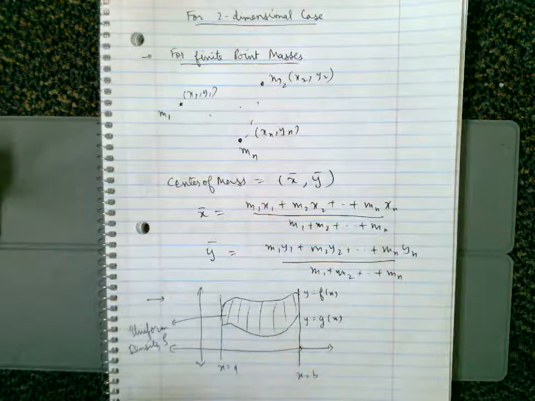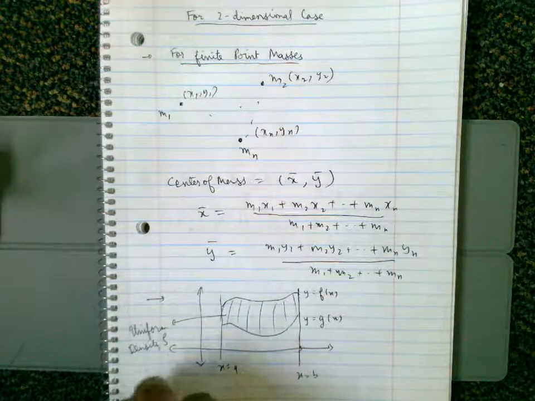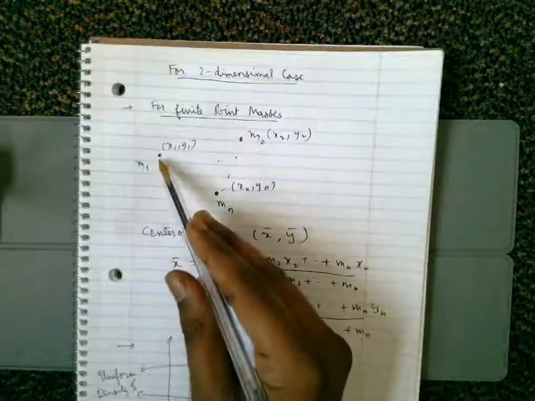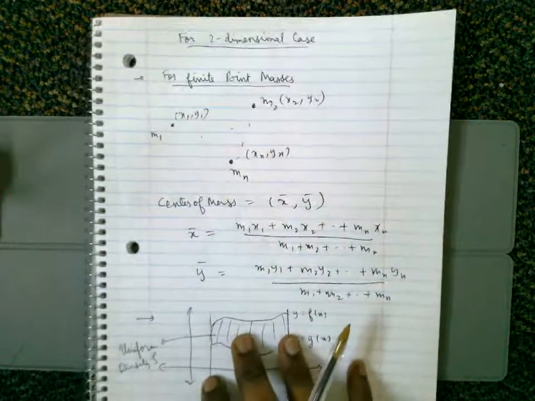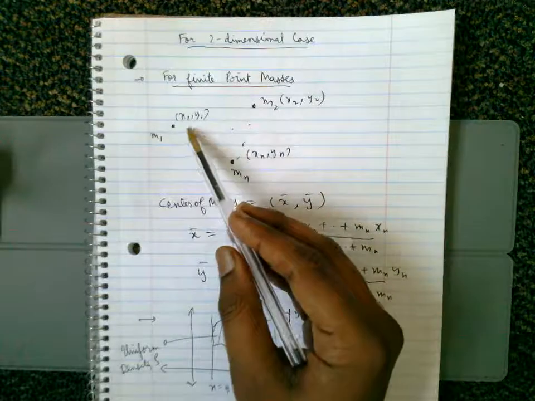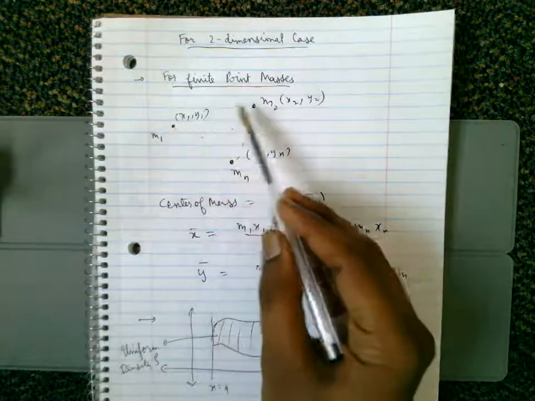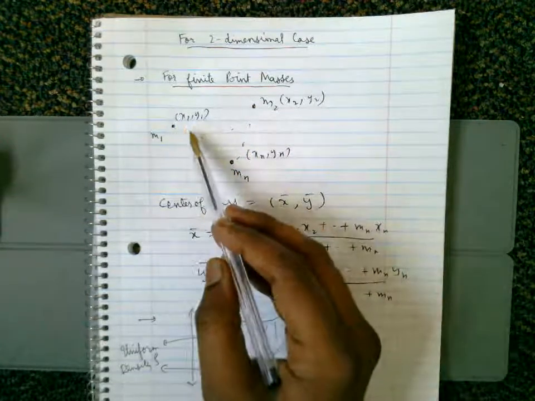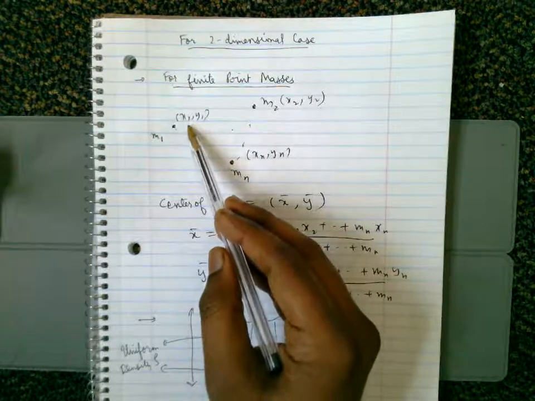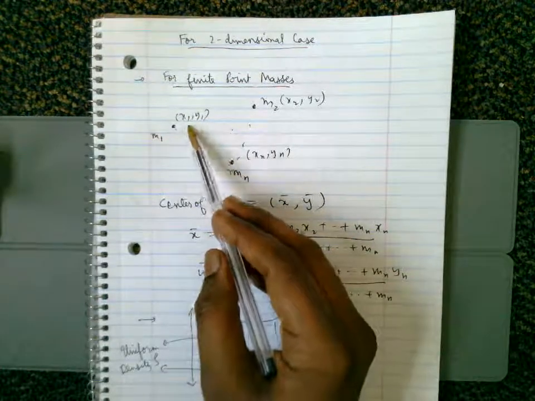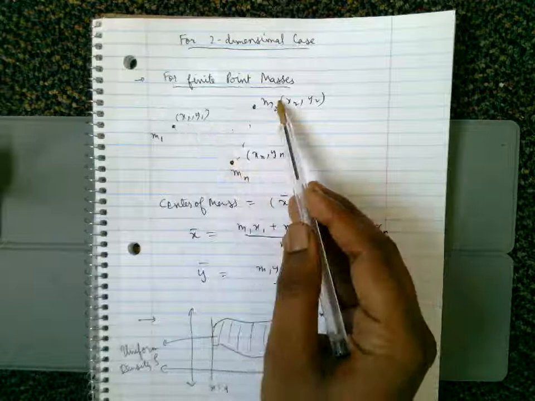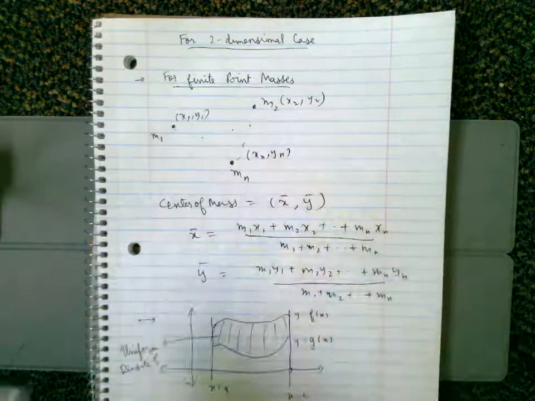So let's talk about a two-dimensional case. Let's assume that we have n point masses, each with mass m1, m2, and so on up to mn, kept at coordinates x1, y1, x2, y2, and so on up to xn, yn.